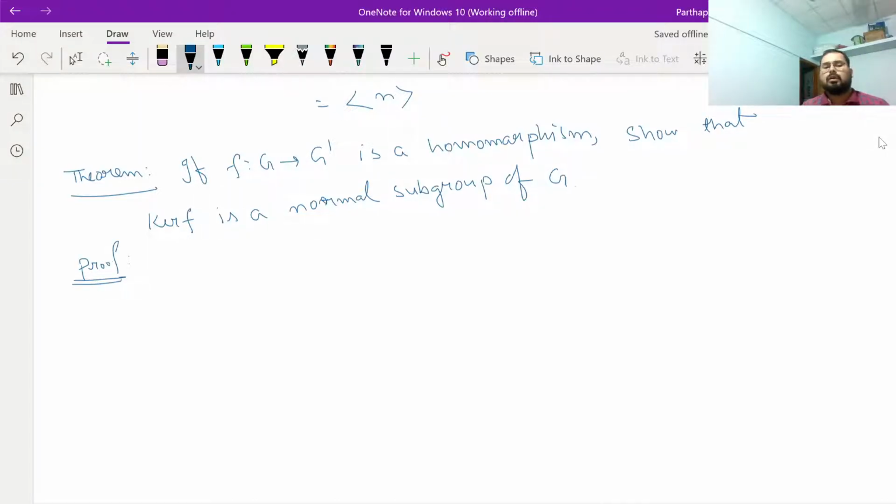Let E and E dash be the identities of G and G dash respectively.